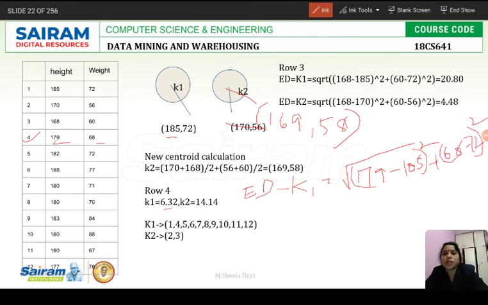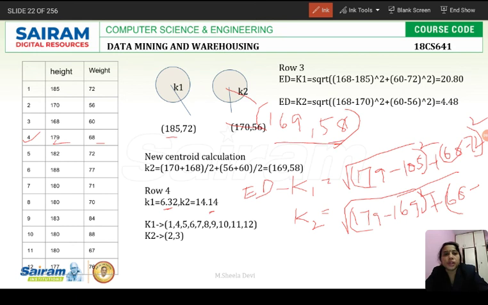The answer is 6.32. Next, with respect to K2, what is the Euclidean distance for the fourth row? It is 179 minus, what is the new centroid value now, 169, whole square plus 68 minus 58. The answer is 14.14.